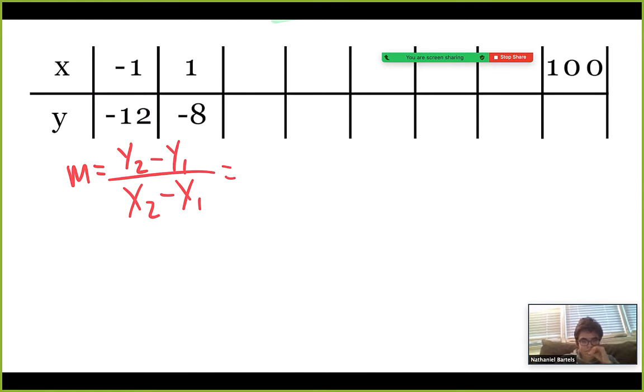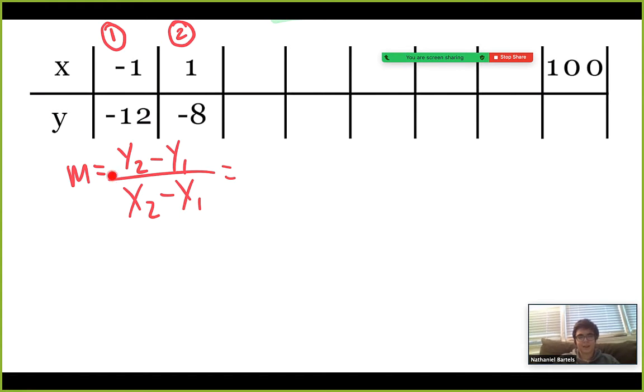And let's plug in some values. Let's pretend that this is the first coordinate and this is the second coordinate. Quick question, and I make this mistake all the time. I can see that these are the x values and these are the y values.